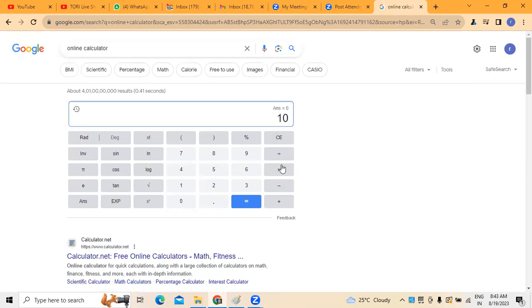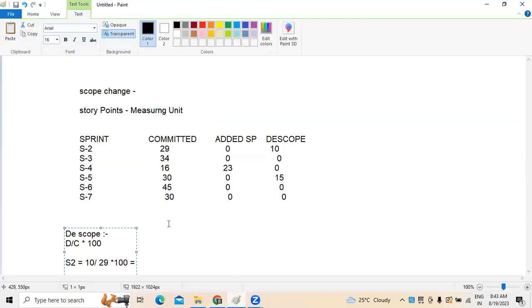Ten divided by 29 into 100, which is 34.4, right? 34.4 is equal to 34 usually. So 34% is generally the D-scope for sprint 2.